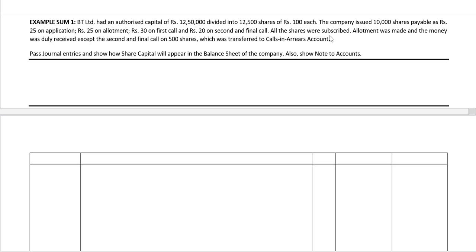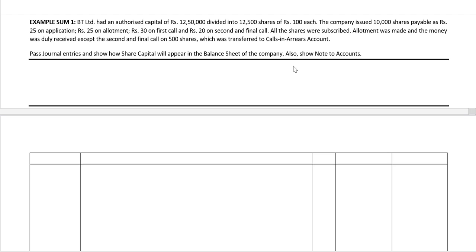All the shares were subscribed, allotment was made, and the money was duly received, except the second and final call on 500 shares, which was transferred to Calls-in-Arrears account. Pass the journal entries and show how share capital will appear in the balance sheet of the company.